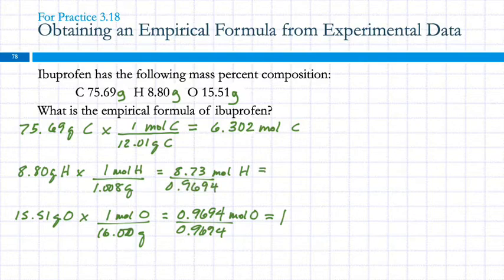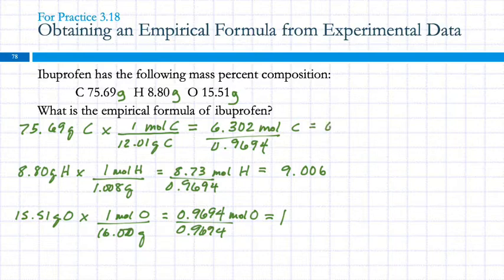Sometimes it's tempting to just do this kind of in your head and round it off. It's dangerous. So this comes out to 9.006. 6.302 divided by 0.9694.